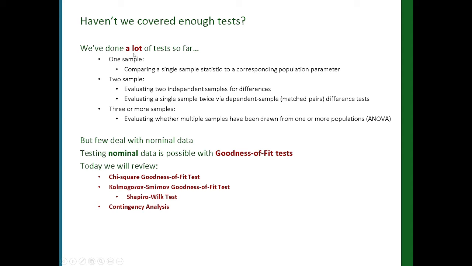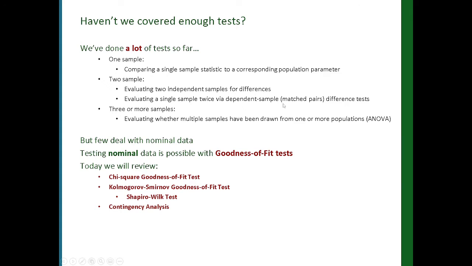So I know that you're probably going to be like, oh no, Ed's making me learn even more tests, and we've already learned far too many. So what we've basically covered is one sample test, so comparing the mean sample statistic to a corresponding population parameter. Comparing 2 different samples, so evaluating independent samples to see whether they're significantly different from each other, or evaluating 2 different samples which have been collected from the same sample entities.